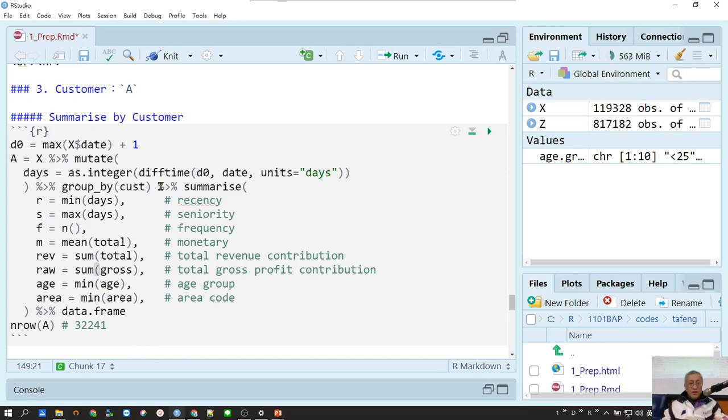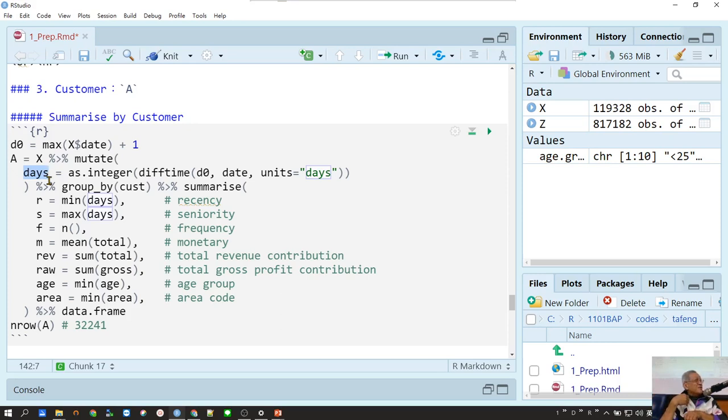Oh, okay. So as you can see, I mutate a new column called days. The days is actually the number of days since the last time this customer came to us.